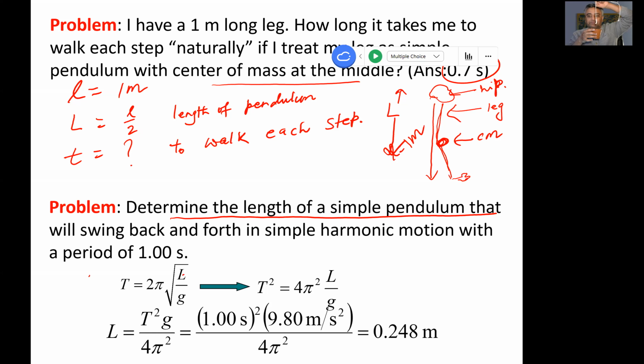Okay? Go. 1, 2, 3, 4, 5, 6, 7, 8, 9, 10. Stop. What's the time for 10 oscillations?